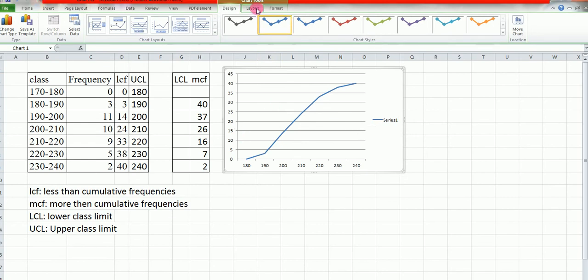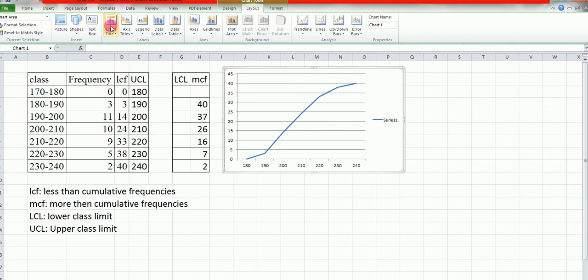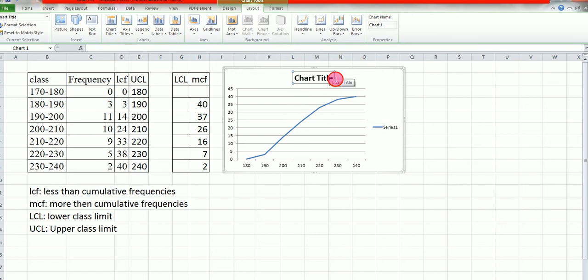So we give title. Chart title is LCF curve.